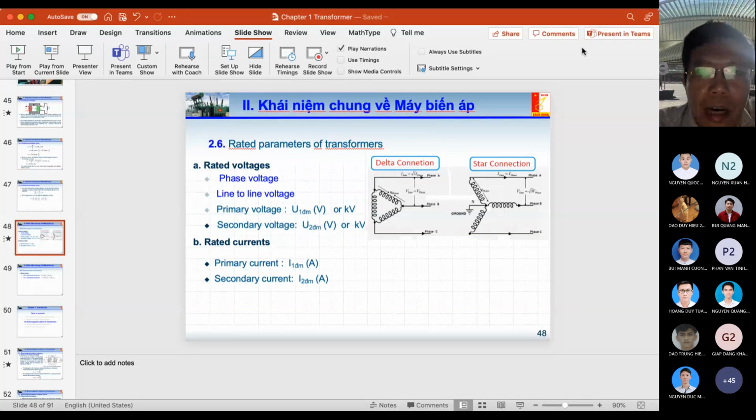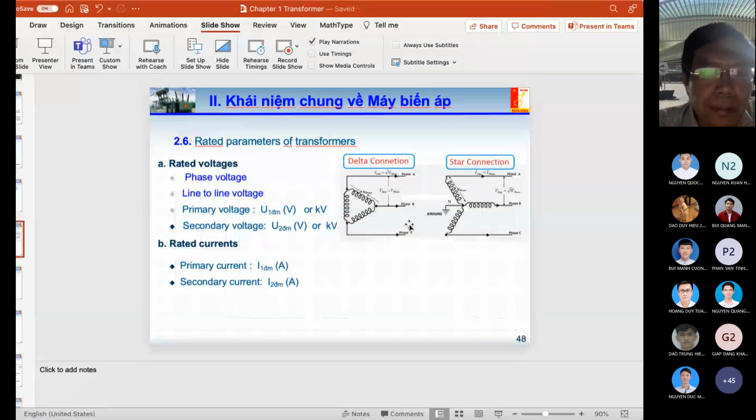Okay, so I would like to explain to all of you. Have a look at this one. If the windings of the transformer are connected in delta connection here, it means that we cannot take the phase voltage. Why? Because we have no neutral point.